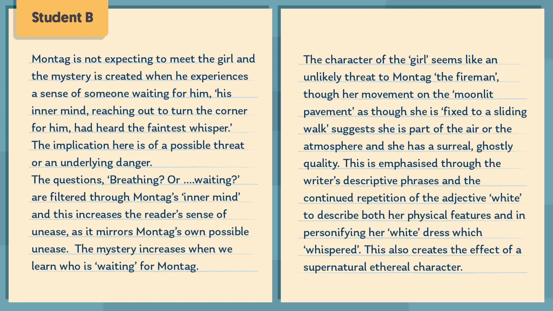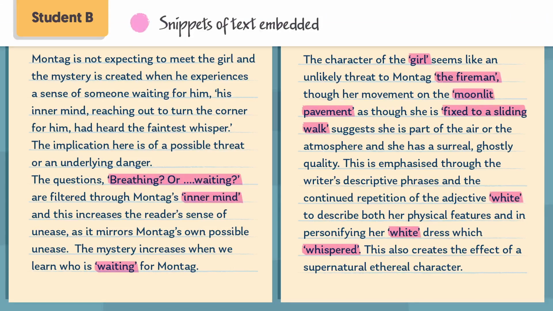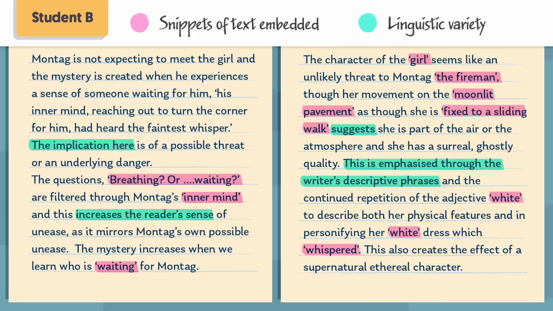The first thing you might notice here is that this answer uses all of the same parts of the source as Student A, but there's a difference in the way the answer has been presented. This student uses quotations from the text in a slightly different way and cherry-picks tiny snippets of text, embedding them into the answer. They also use a little more variety in the way they introduce their inferences.